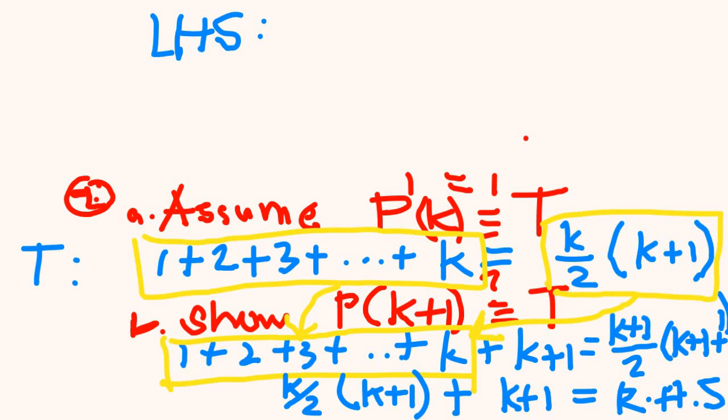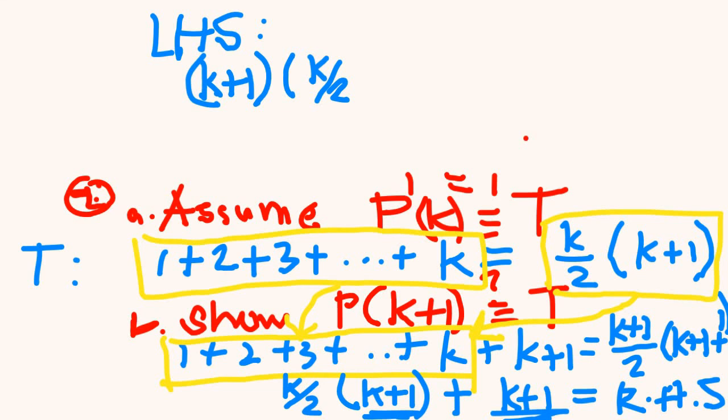What I do basically is simply factor out the k plus 1. If we factor out k plus 1, then we will have k over 2 plus 1.